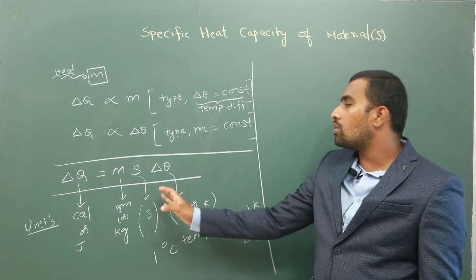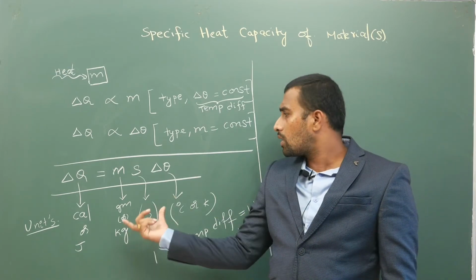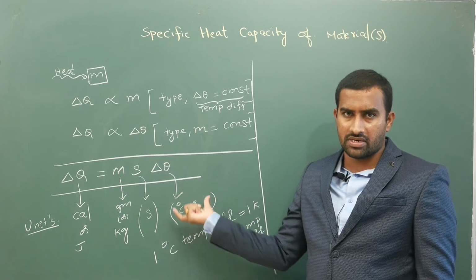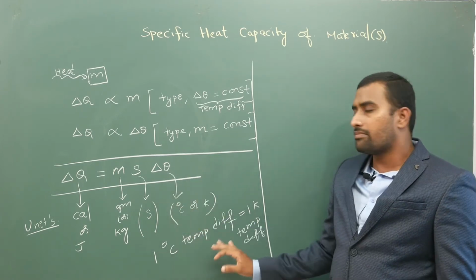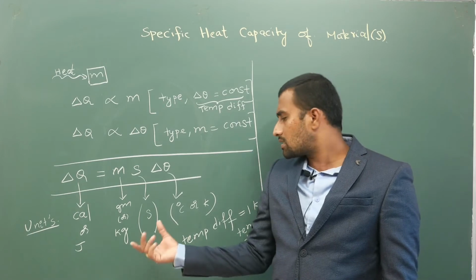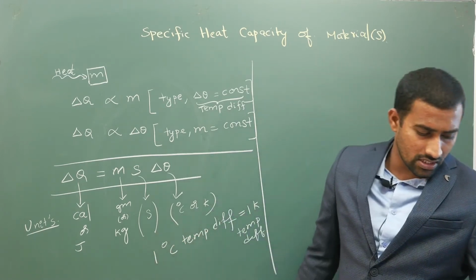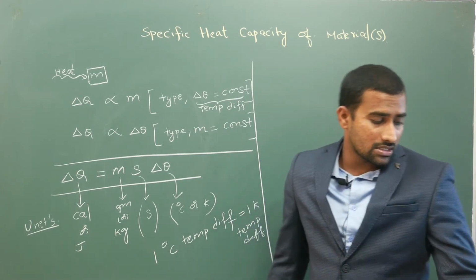Don't worry too much about the final unit for temperature. Delta C is equal to delta K, which we have seen in thermal expansion.